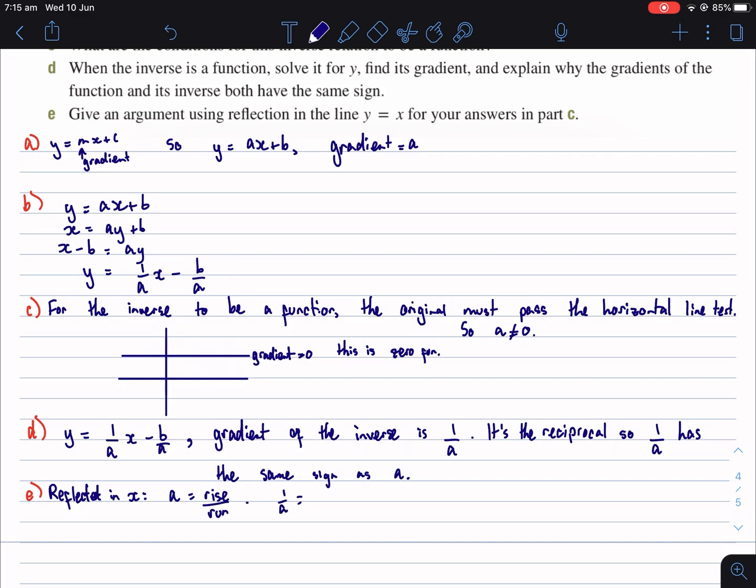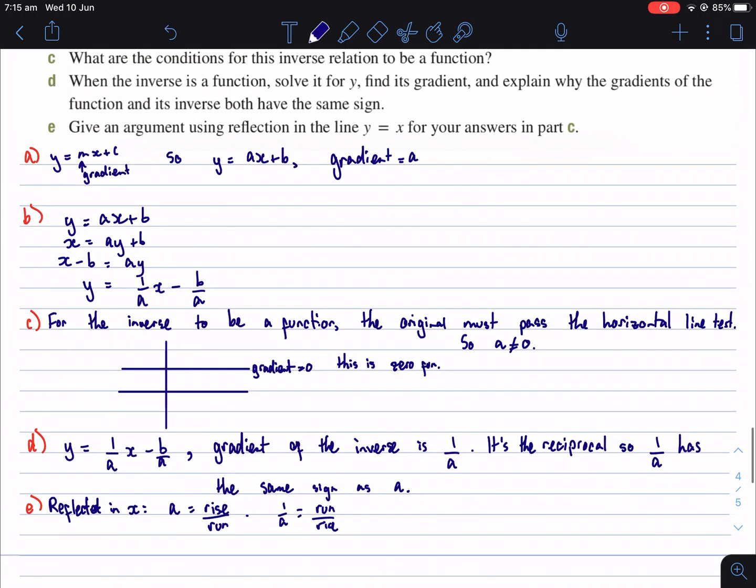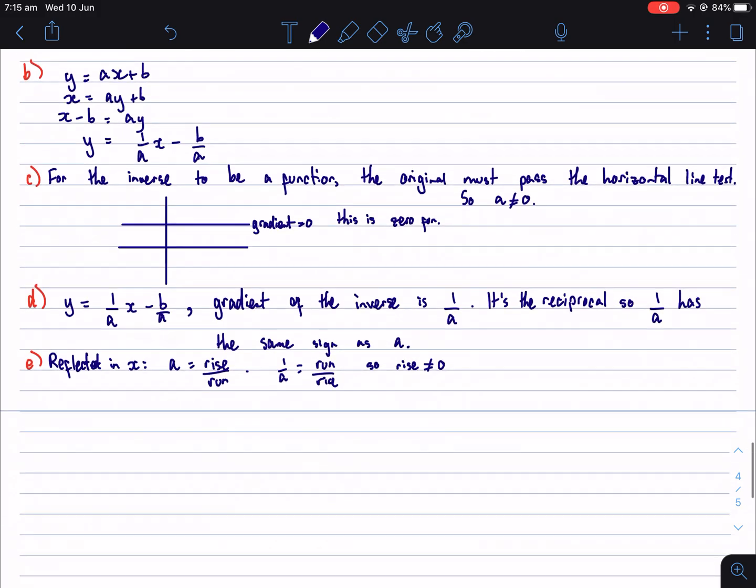For the new one, it's going to be run over rise. So rise cannot equal 0 because it's on the bottom of our new gradient. That wasn't too bad.